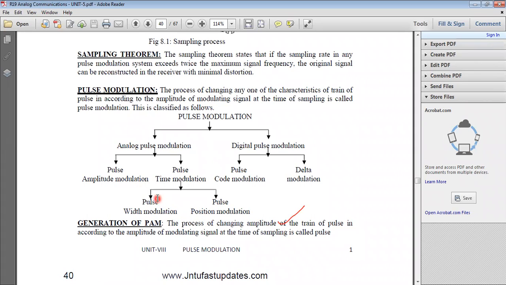If there is a change in amplitude, it is called PAM. If there is a change in the width of the pulse, then it is called PWM. If we change the position of the pulse according to the amplitude of the modulating signal, then it is called PPM. So in your syllabus, you have these three topics: PAM, PWM, and PPM.